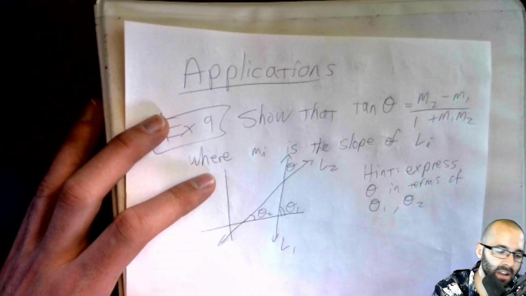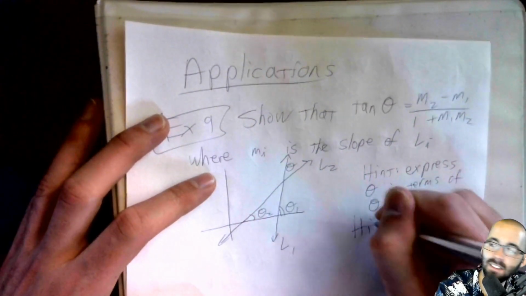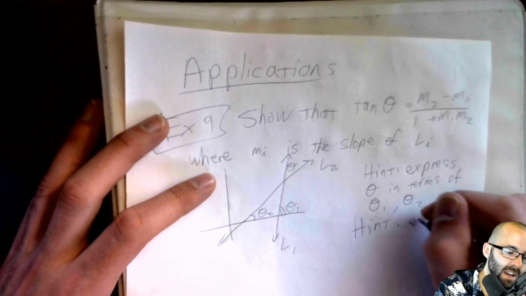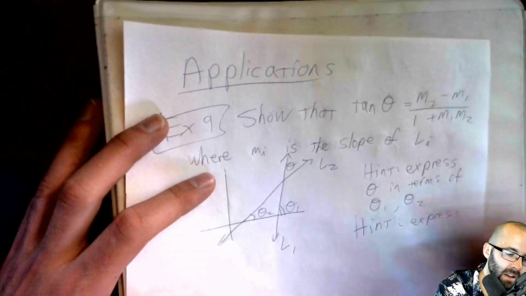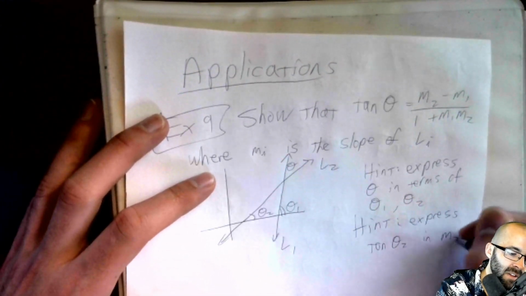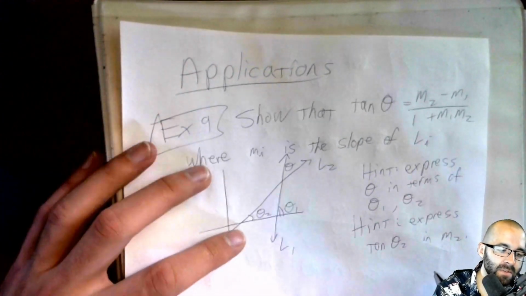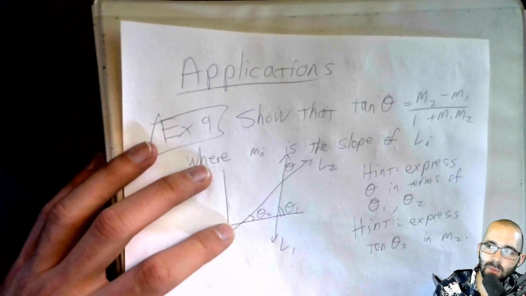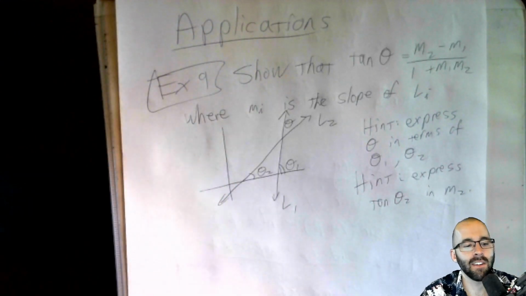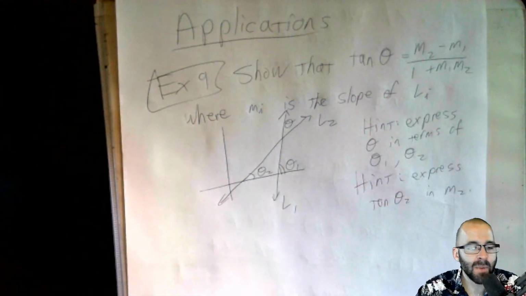And it's a double hint, the hint that keeps on giving. Express tangent of theta 2 in terms of m2, the slope. So let's think about all this. This is a complicated example. There's a lot going on. We have two hints. Let's just think about the hints.